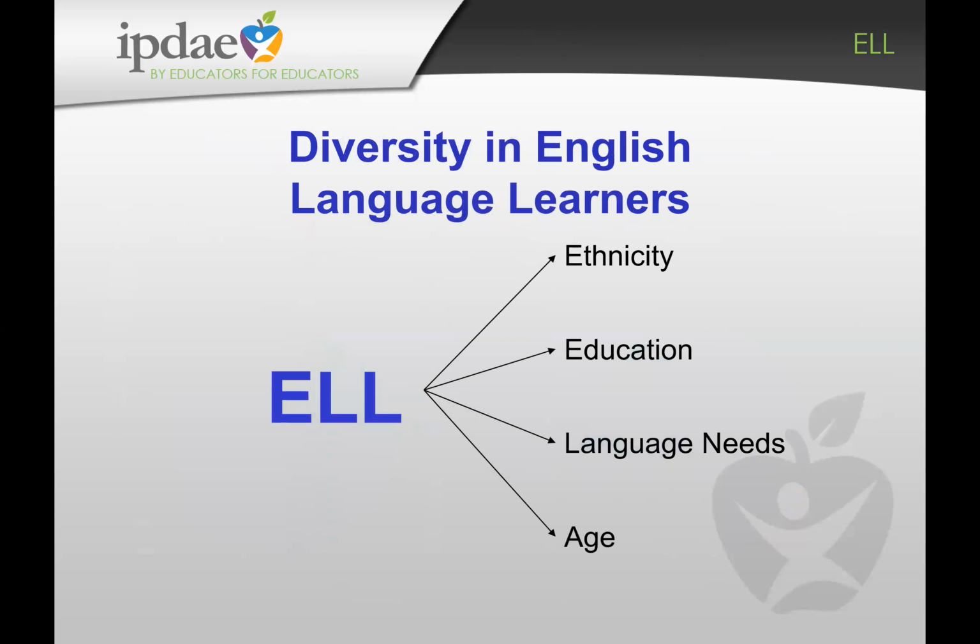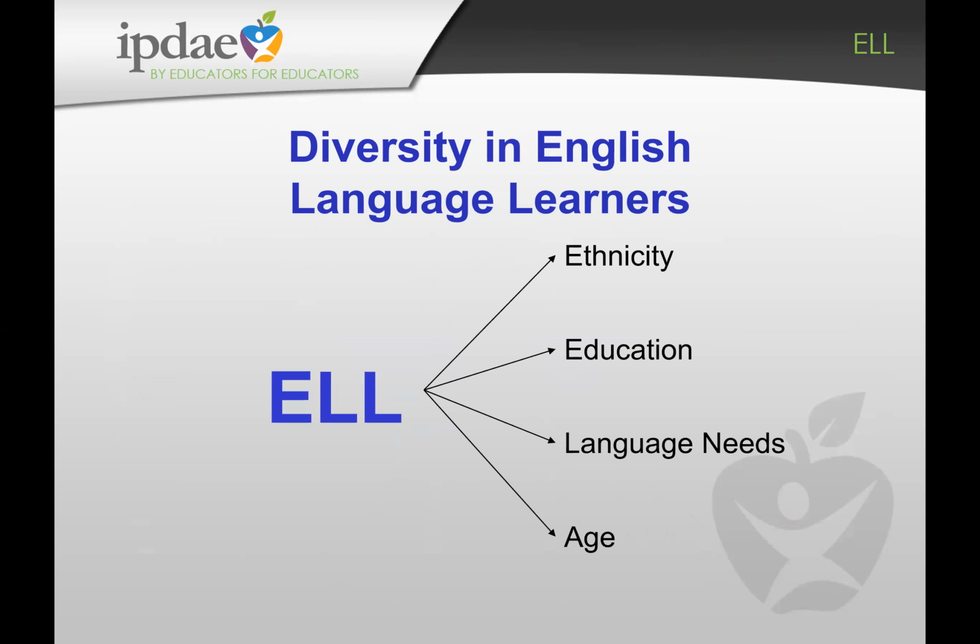In addition to that, English language learners are a particular group of students that require particular attention in terms of instruction. And why? Because they bring so much diversity into your classroom, not only in terms of ethnicity, which country they come from, what languages they speak, their cultural backgrounds.